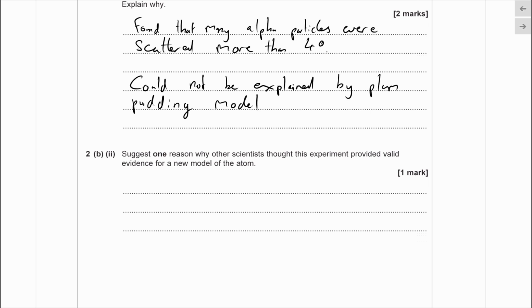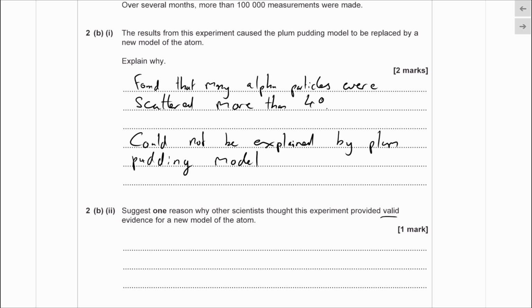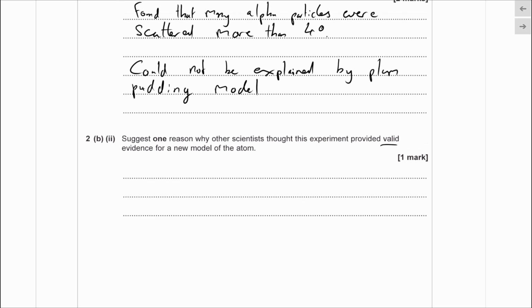Suggest one reason why other scientists thought this experiment provided valid, let's underline that, valid evidence for a new model of the atom. Now the most obvious one, if we go back up to the question, you can see that it says over several months, more than 100,000 measurements were made. We are told to never just take an experiment and take 1 reading. We're told normally to repeat and take 3. Now imagine taking 100,000 measurements. That is quite drastic.